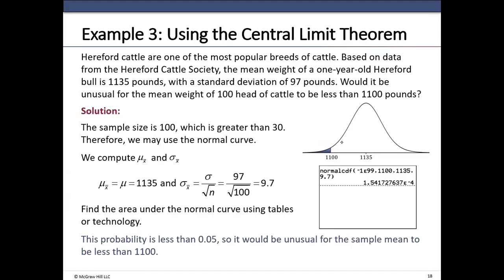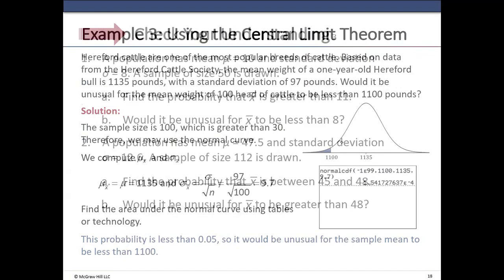Standard deviation is 9.7. Paste, enter, and enter. And that's a very small number, 0.00015. So it would be unusual for the sample mean because it's less than 0.05. So it will be unusual for the sample mean to be less than 1100.